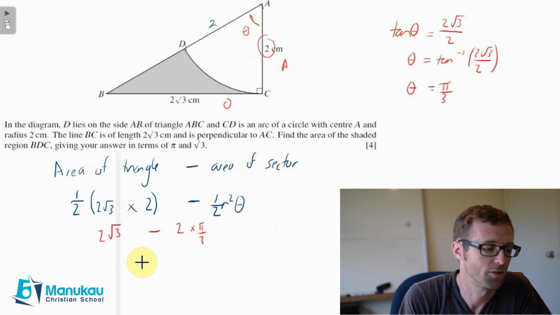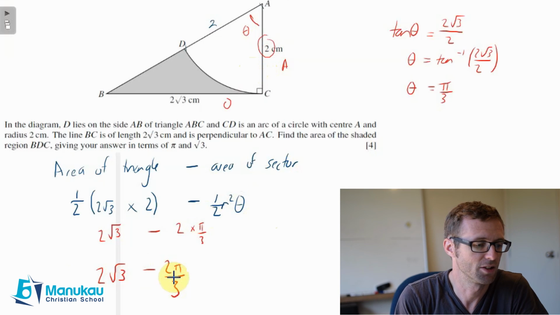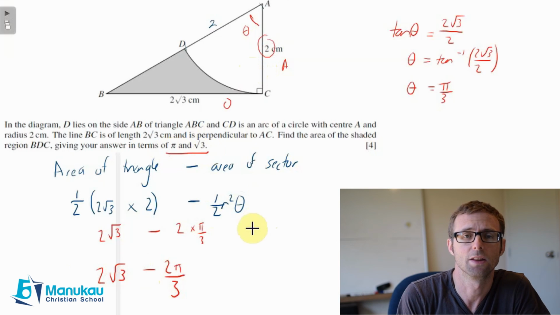So our final answer for this is just going to be 2 square root 3 minus 2 pi over 3. And I would leave my answer in terms of pi and root 3 because that's what we're being asked to do here in the question.